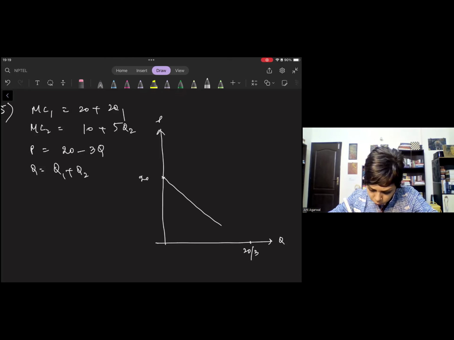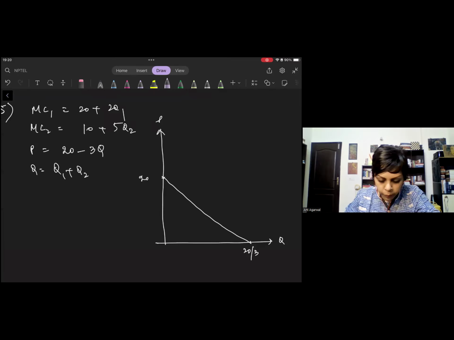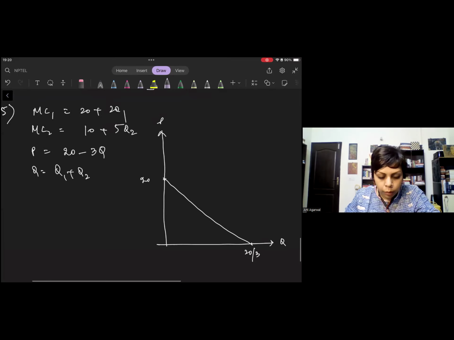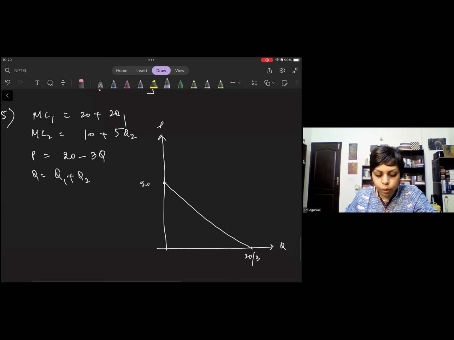Then this is your market demand. I'm not writing the name because it's just going to make it a bit complicated. Marginal cost of 1 is equal to 20 plus 2Q1, right? So it is upward sloping, and at Q1 equal to 0, marginal cost of 1 is equal to 20.